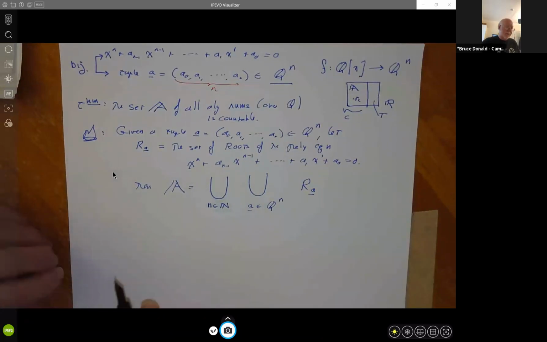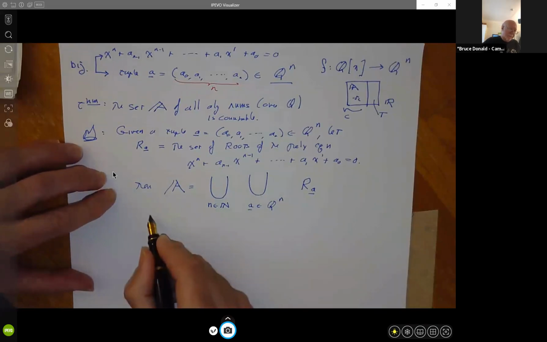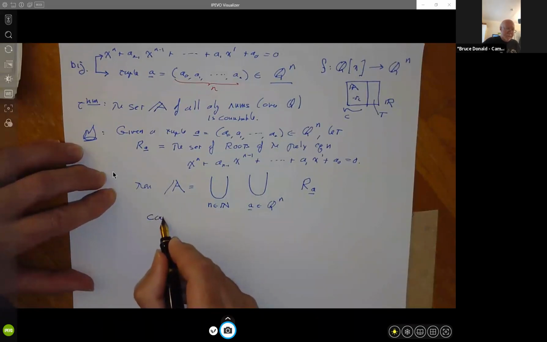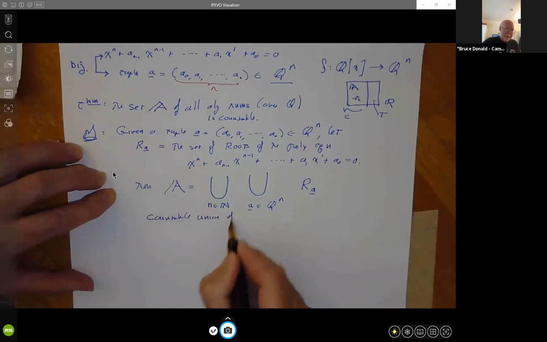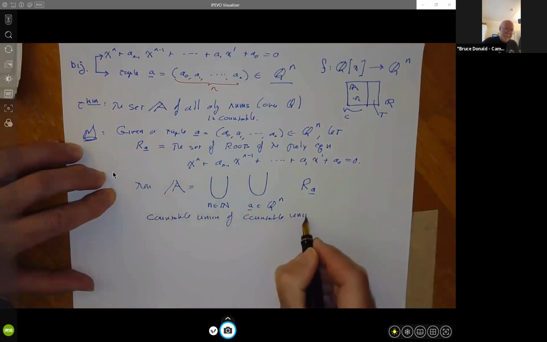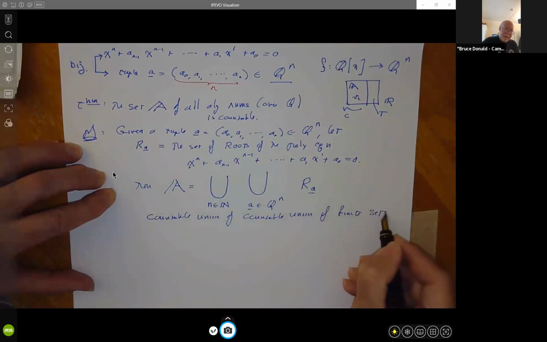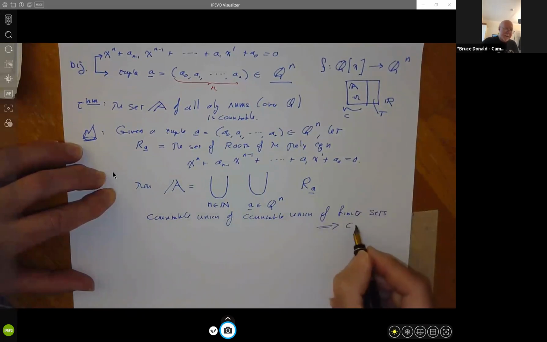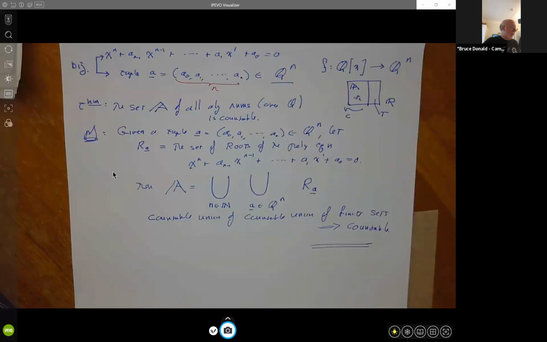So this is a countable union of countable unions of finite sets, which is therefore countable. So this is a countable union of countable unions of finite sets, which by our earlier theorem is countable. Done with that proof. So the set of all algebraic numbers is merely countable.